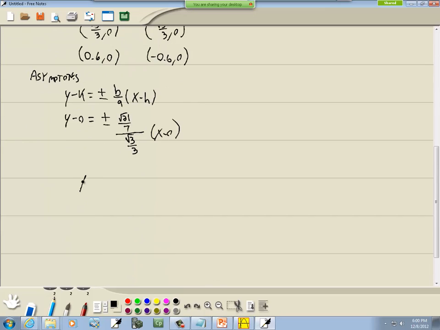So I'll have y is equal to plus or minus, and I'll flip the fraction and multiply times the top. So I've got square root of 21 over 7 times 3 over square root of 3, x, which gives us 3 square root of 7 over 7, x, plus or minus.